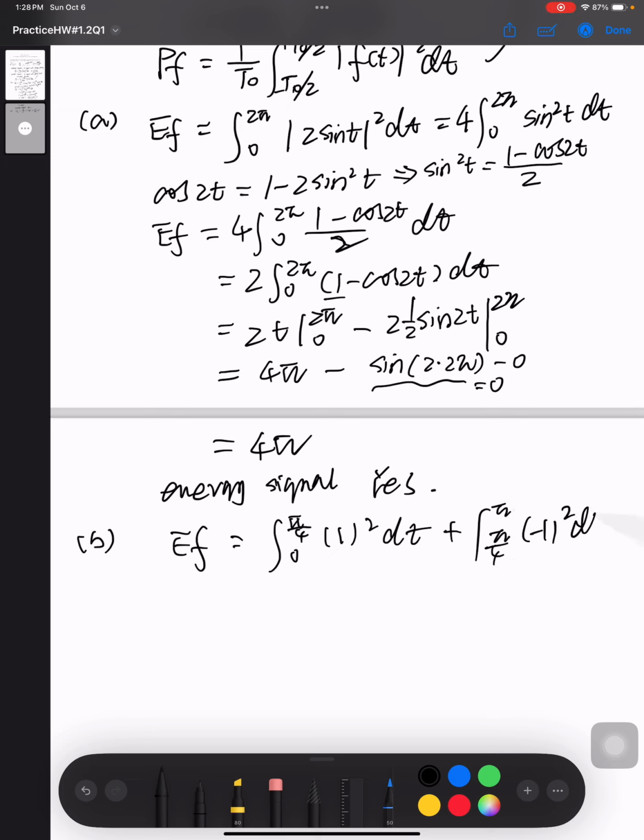So actually we can calculate it. Here it is just simply pi.